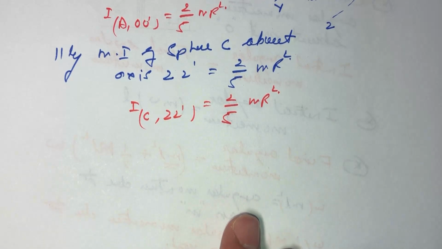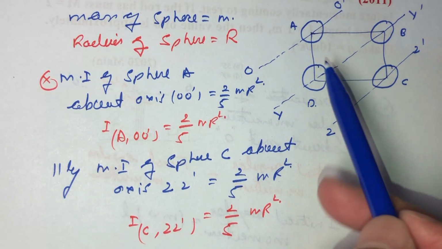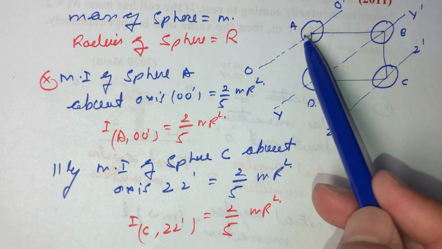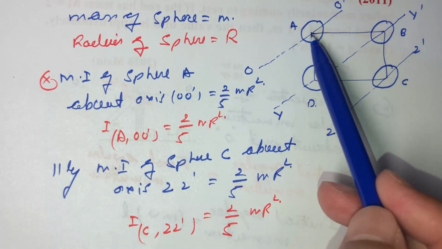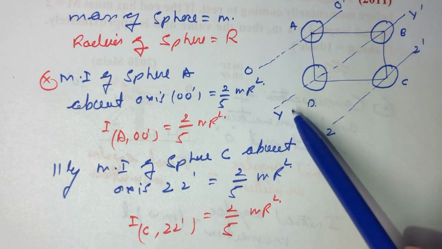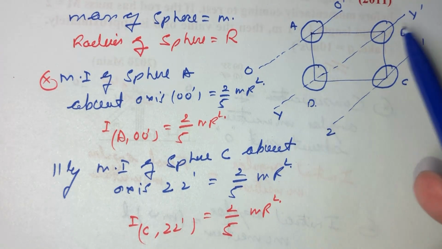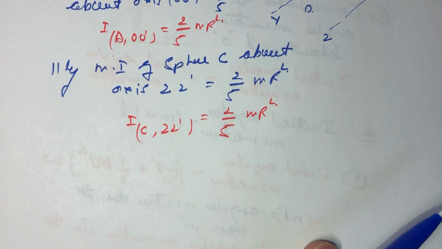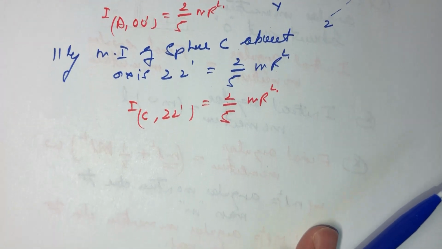Now we are going to find out moment of inertia of sphere A with respect to axis y prime. So for this we are going to use theorem of parallel axis.